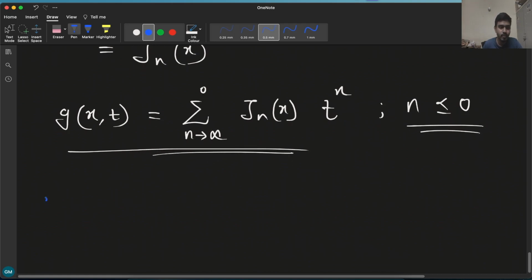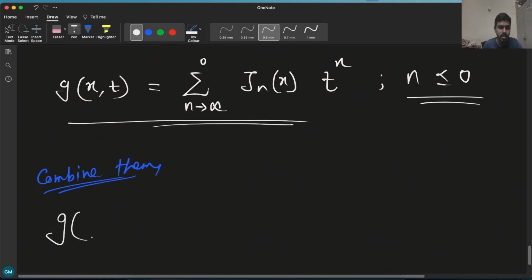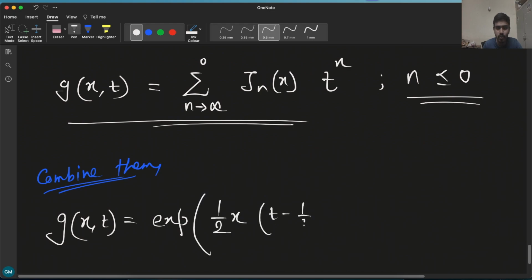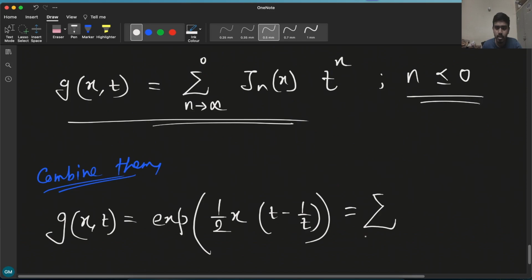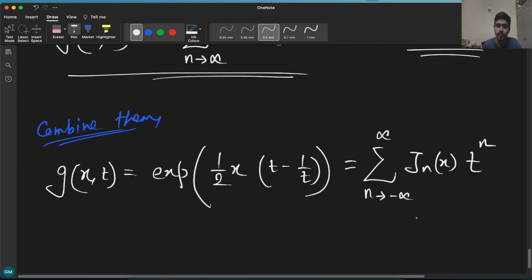If I combine them, then our generating function g of x t, which was exponential of x by 2 times t minus 1 by t, can be written as the sum over n from minus infinity to infinity of J n x t to the power n.